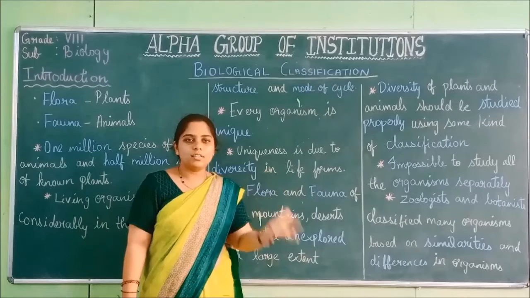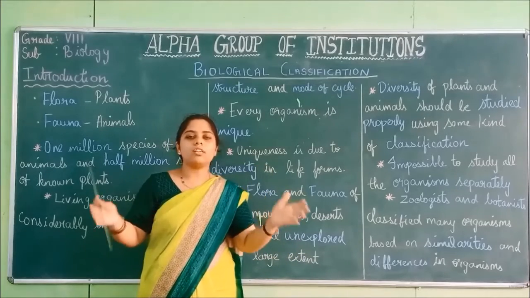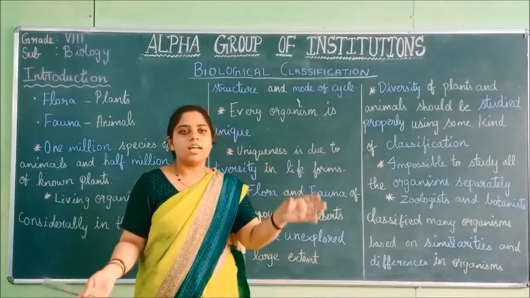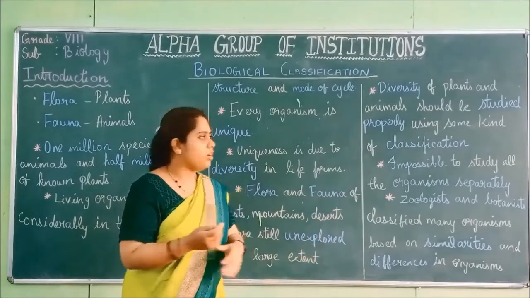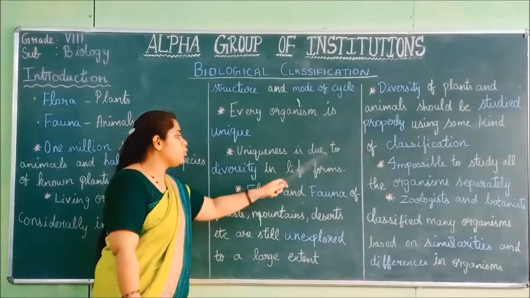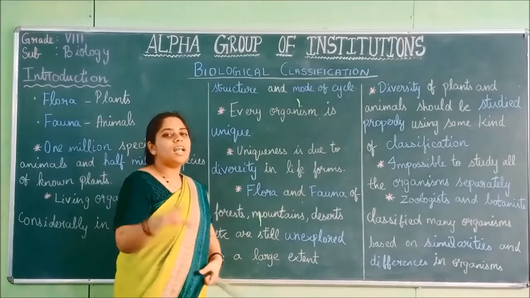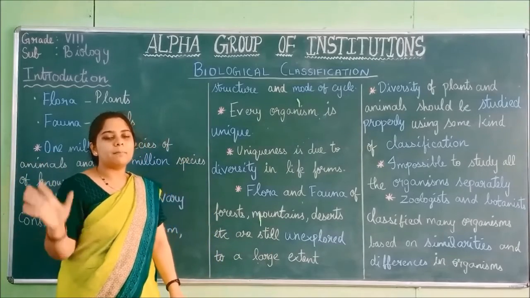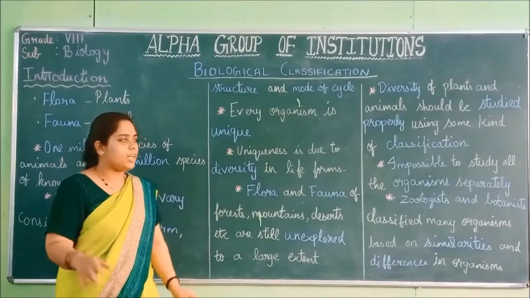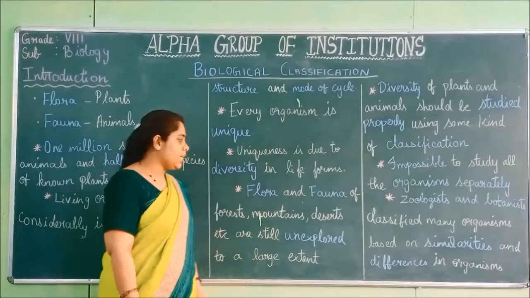Because of diversity, because of difference. Since all the organisms are different, that is why they are unique. They have a special feature. So the uniqueness is due to diversity in life forms. Since the life forms are very different, there are billions of species. So that is why each organism is unique.